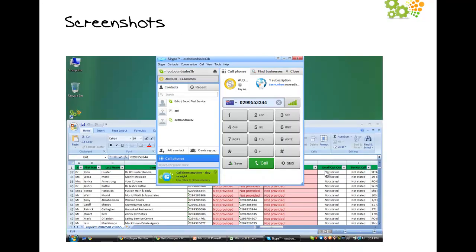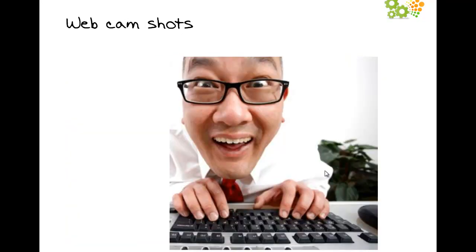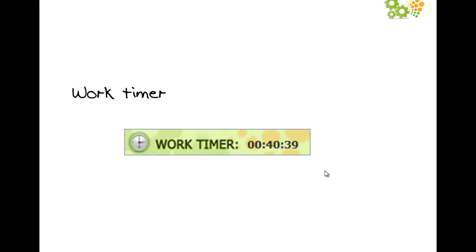It takes screenshots of our computers and webcam shots of us every 3 minutes all throughout the shift, except during breaks and except when we log out for the day. It also monitors how long we've worked for the day, for the week, for the month, and so on and so forth. So what it does is it keeps track of our work time and our break time.